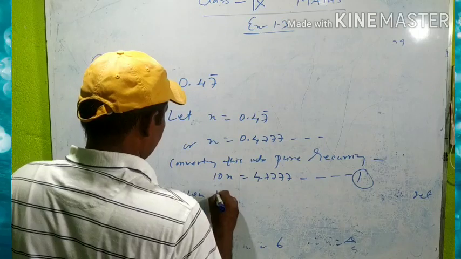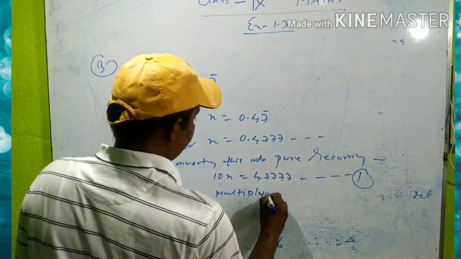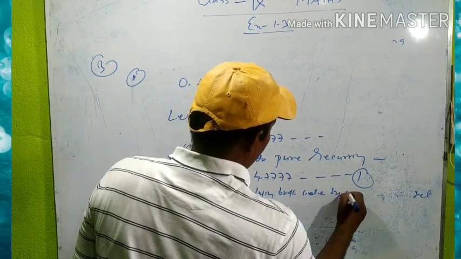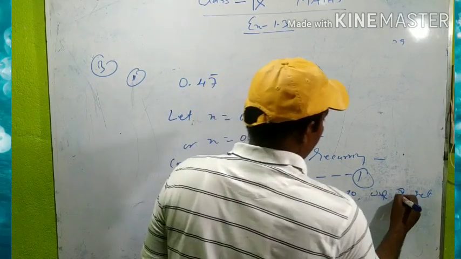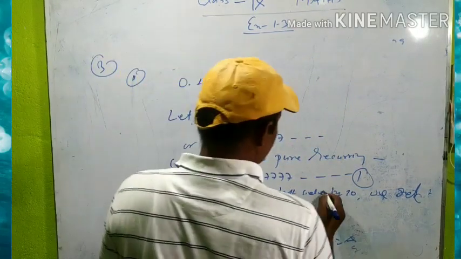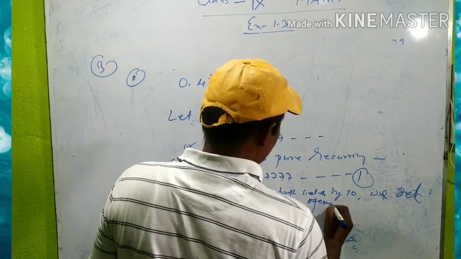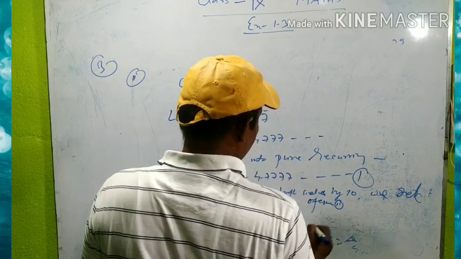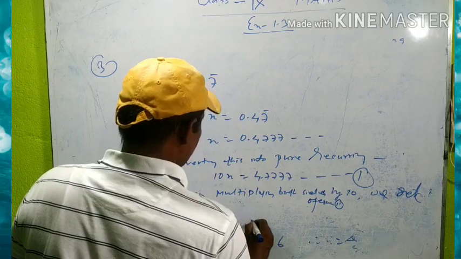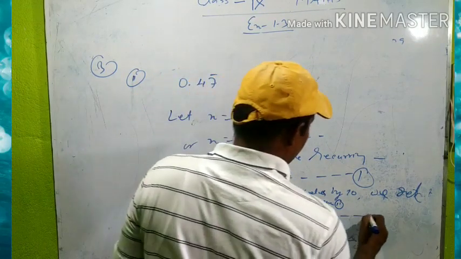Then multiplying both sides of equation first by 10, we get 100x is equal to 47.777 like that. Equation second.